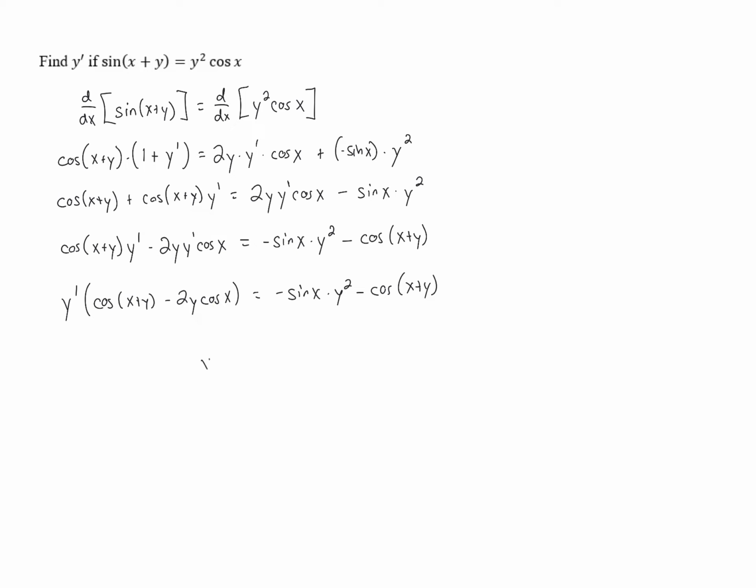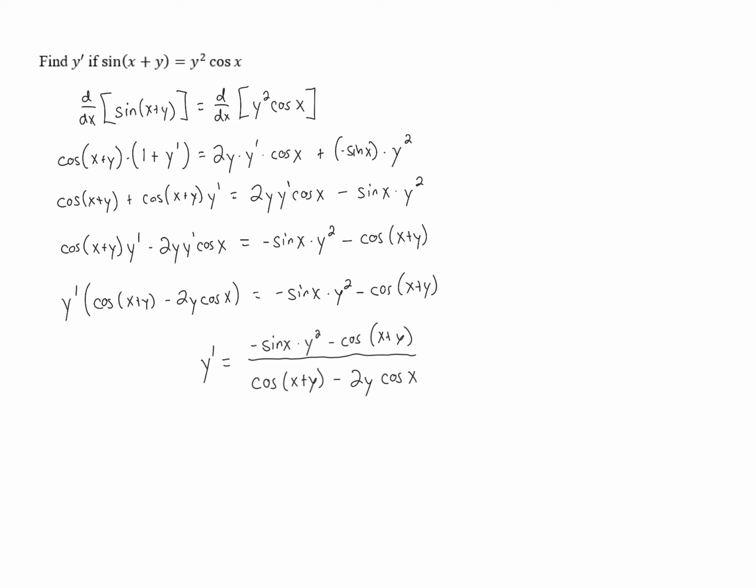And so that's going to give us the y prime on its own. And then on the right-hand side, we're going to have negative sine of x times y squared minus cosine of x plus y all over cosine of x plus y minus 2y cosine of x.